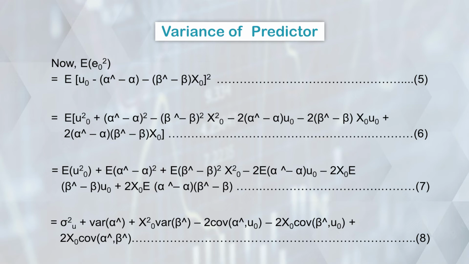This is very important because it is a cross term which shows the association between the estimated intercept and the error. Similarly, covariance terms are given for the respective associations between beta hat and the error, and between the coefficients of intercept and slope. So these are the cross terms.